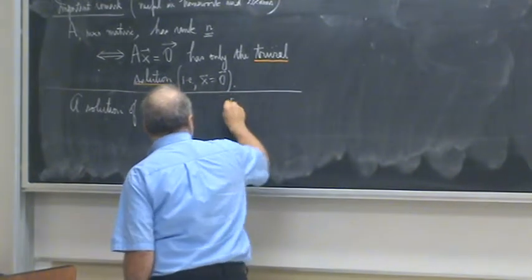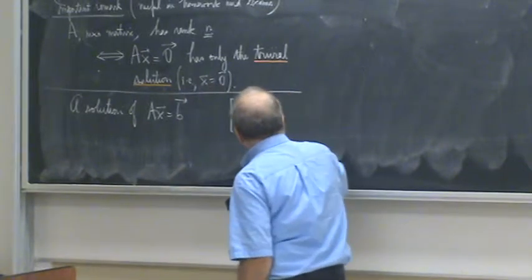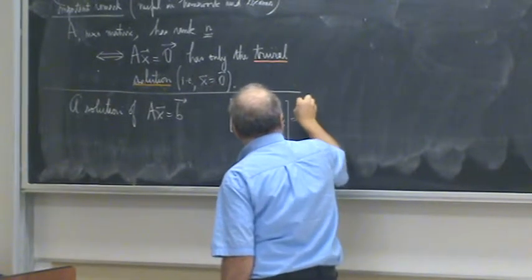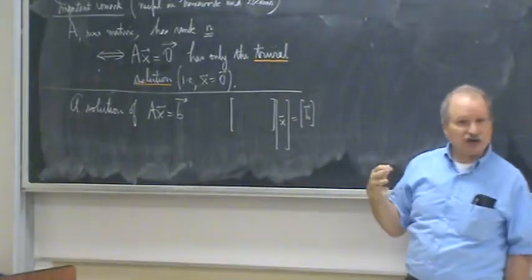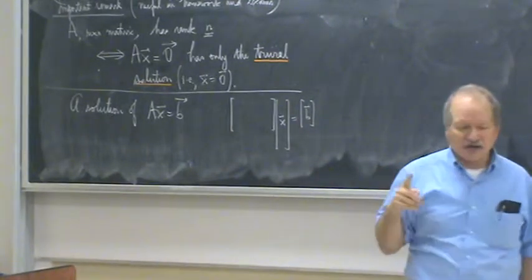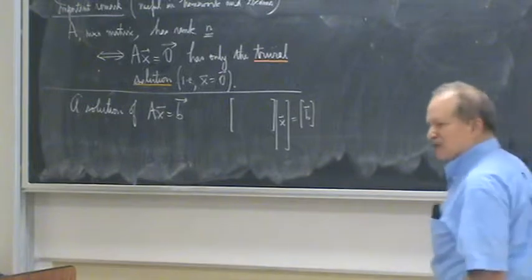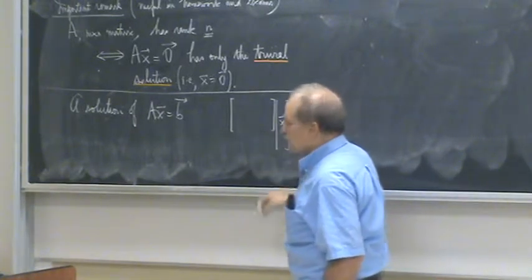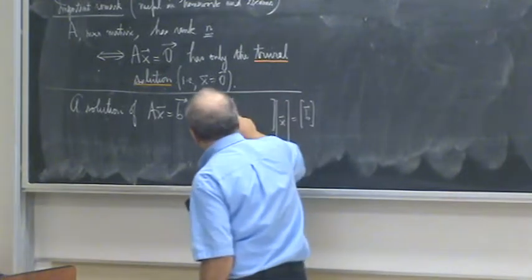If you think about our different interpretations, we started off with this system of equations thinking about dot products of rows, and that's how we came up with these linear equations. What was our other understanding of matrix multiplication by a vector? Linear combination of columns. What's the other interpretation of A times X equals B?